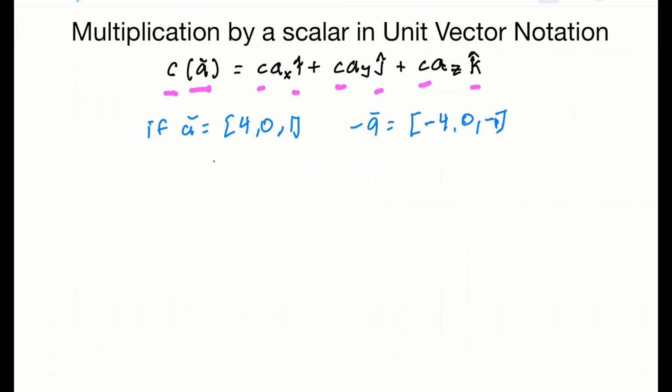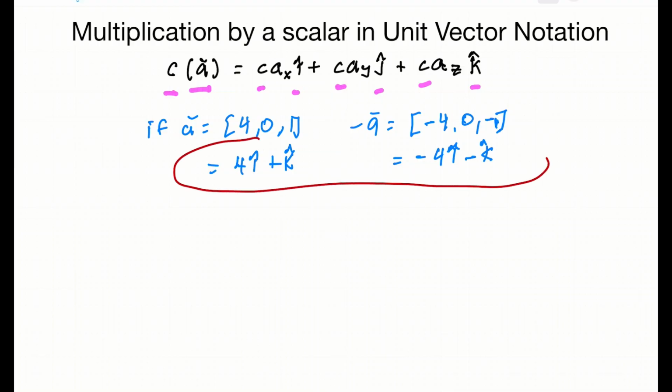So that's going to be, in the unit vector notation, 4i plus k. And over here we're going to have -4i minus k. So there's the answer if we just take the negative of a vector in unit vector notation, and it's also written out in the triple format.